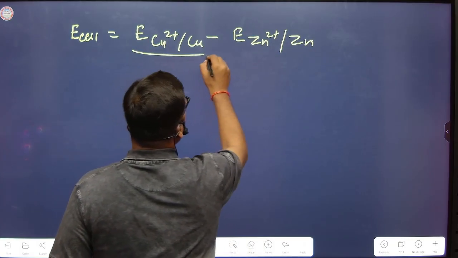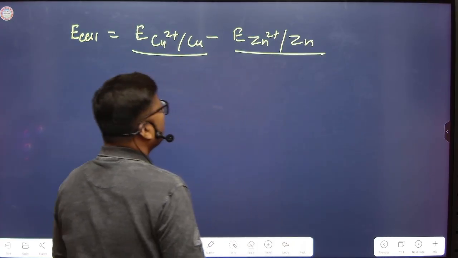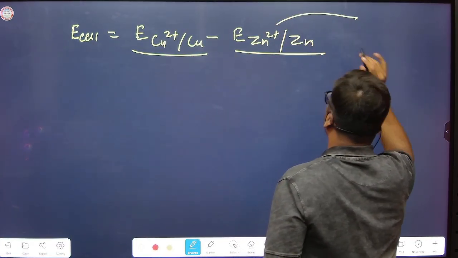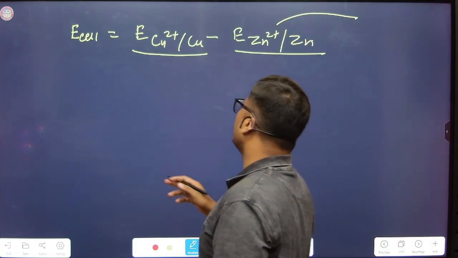So both are standard reduction potentials. So here it is converted through the oxidation potential, right? So this will be the cell potential.